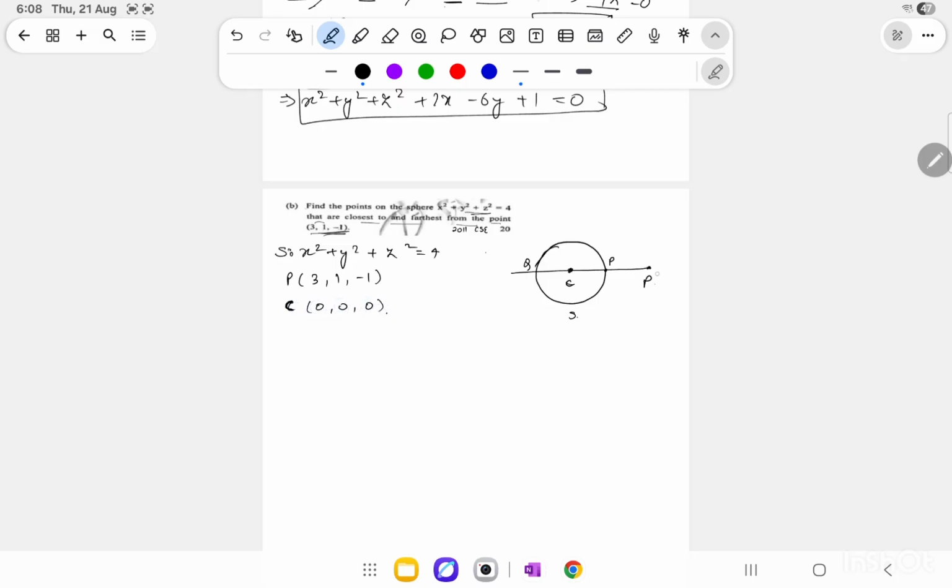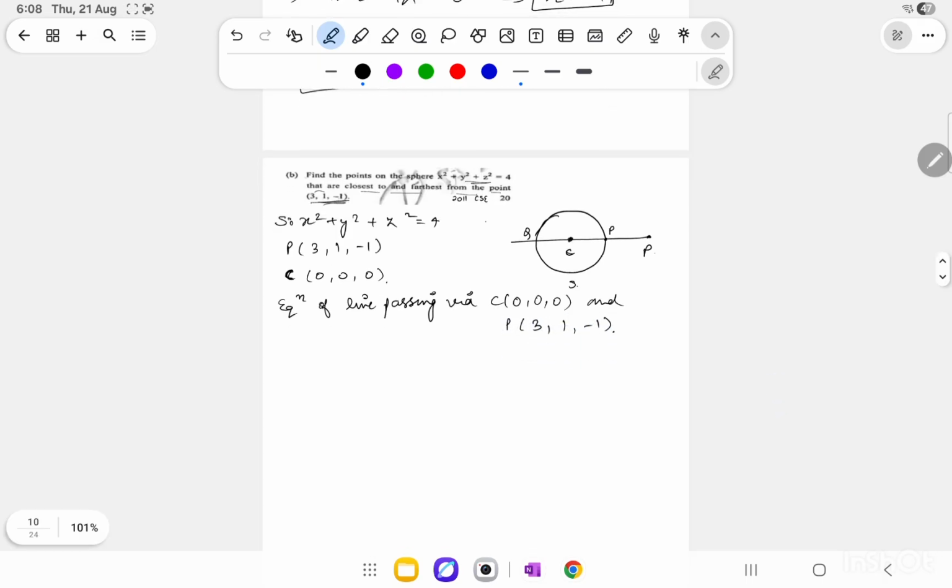So since I have my point P and point C, I can easily find the equation of the line passing via center C, that is 0, 0, 0, and P, which is basically 3, 1, -1.